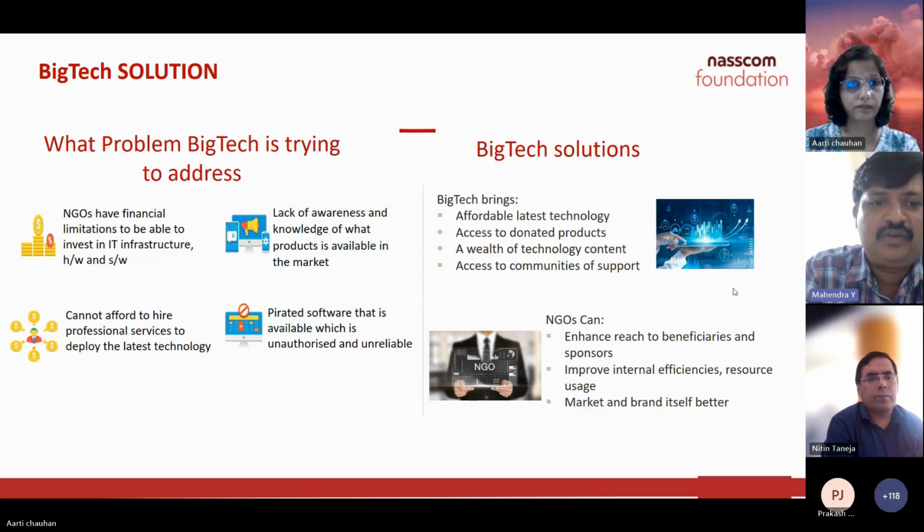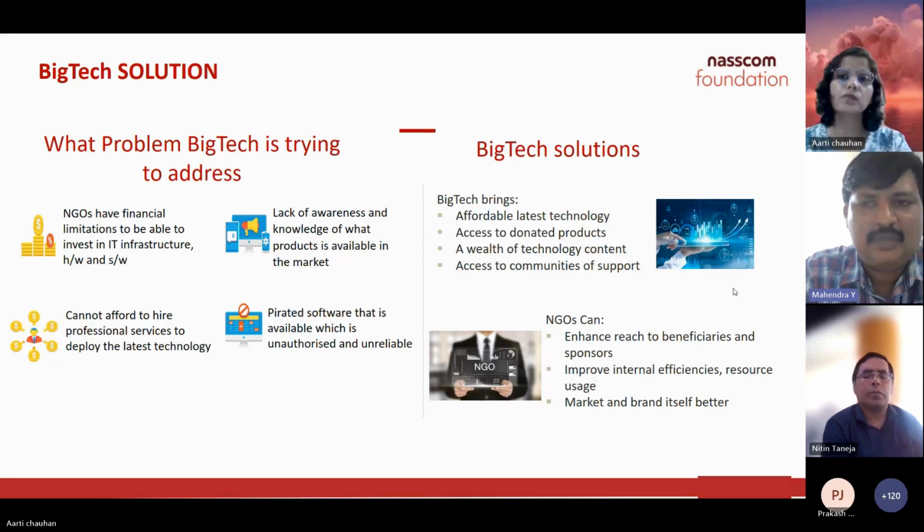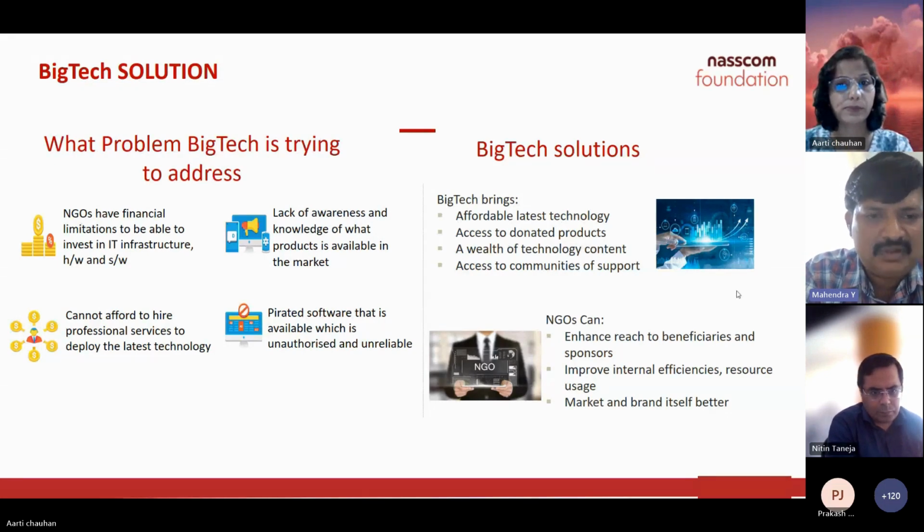Some might not even know what the latest products are which can help their organizations. And there's also a piracy threat, where pirated softwares in the market are not reliable, and there's always a threat of NGOs being attacked by malware related to piracy.